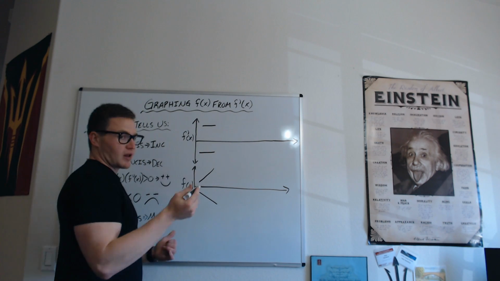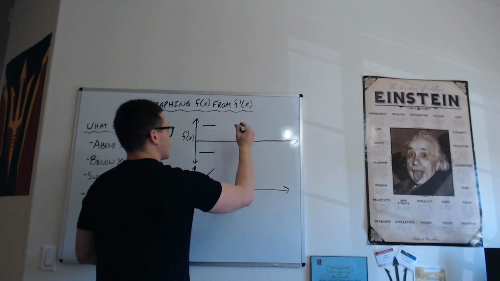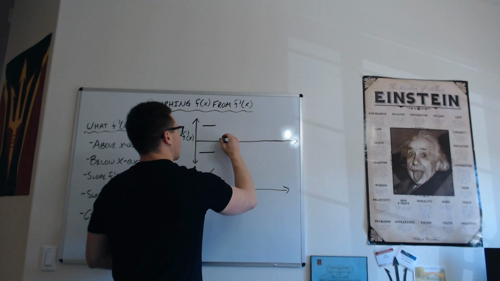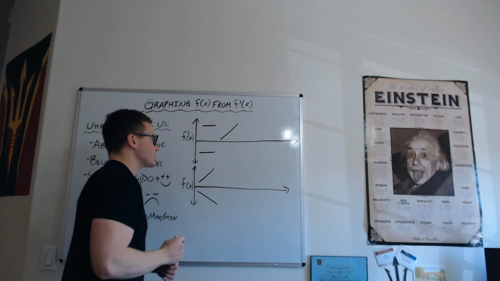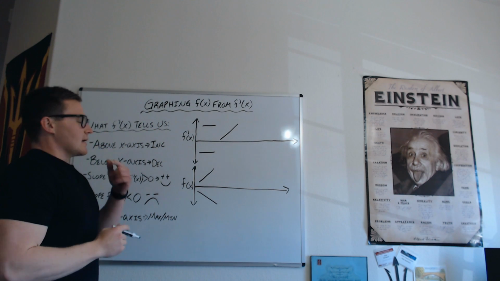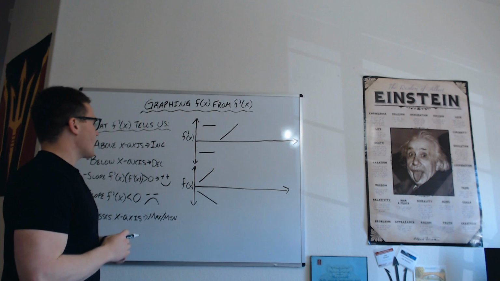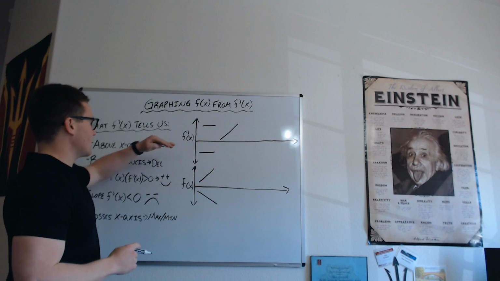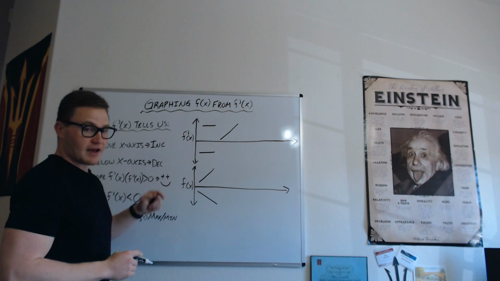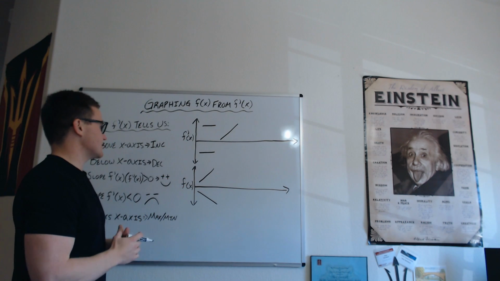So now we're going to get a little bit trickier. So now if on f prime of x, I have something that looks like this. Okay, let's break this down. So I start out where I'm above the x-axis so that I know that f of x is going to be increasing.